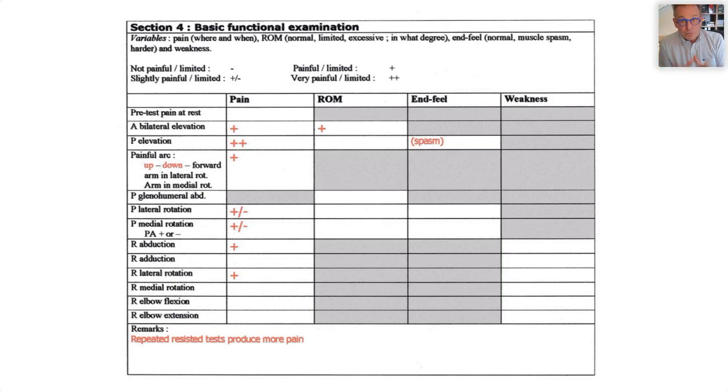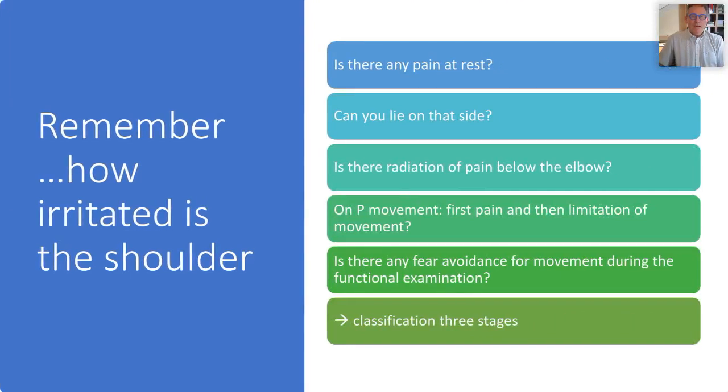I'm going to give you a copy of this assessment form at the end of the webinar. The big advantage of an assessment form is that we don't forget anything. You have the whole procedure, you have all the details just in front of your nose, so to speak.